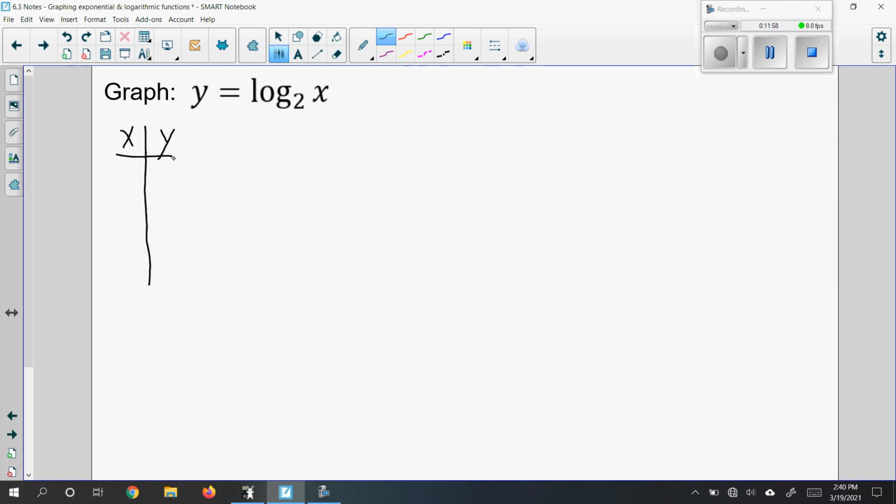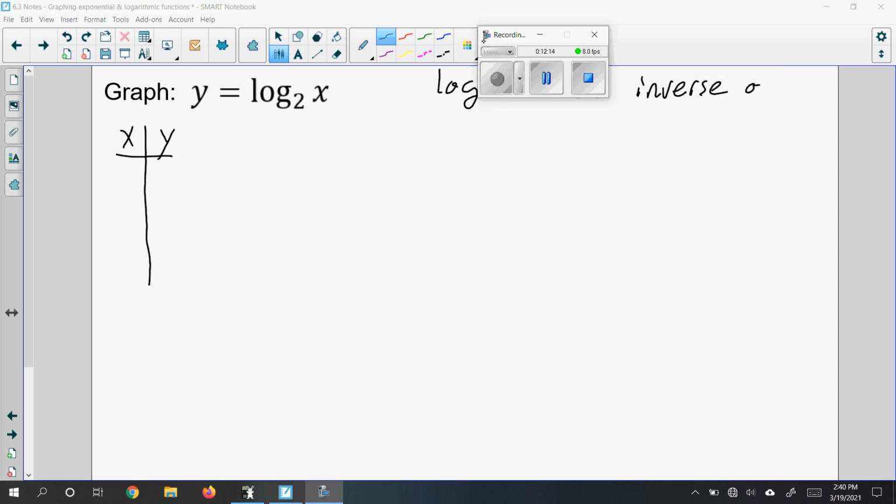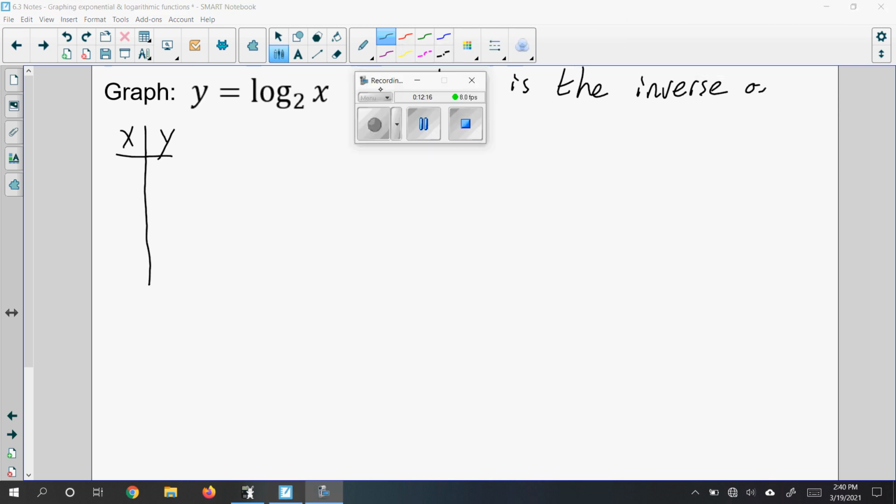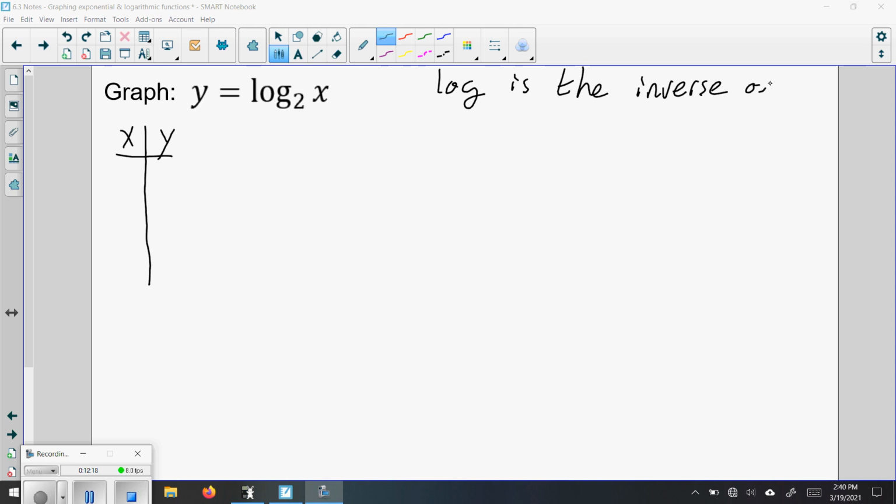So recall that the log is the inverse of the exponential. The log is the inverse of the exponential function.